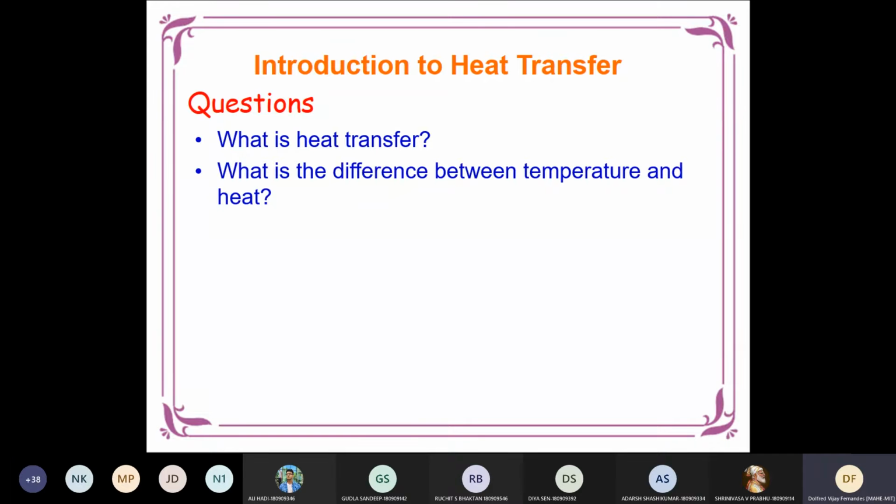Only when we have a temperature difference, a temperature gradient, is there heat transfer, and that is why we use the term heat transfer. Heat is thermal energy in transit.